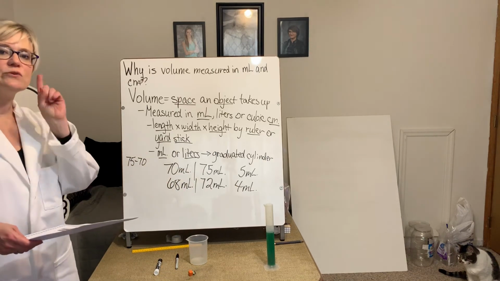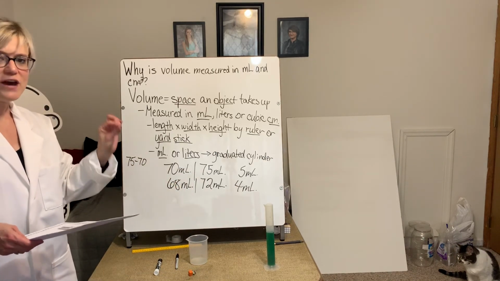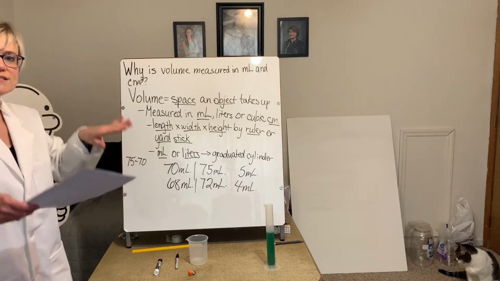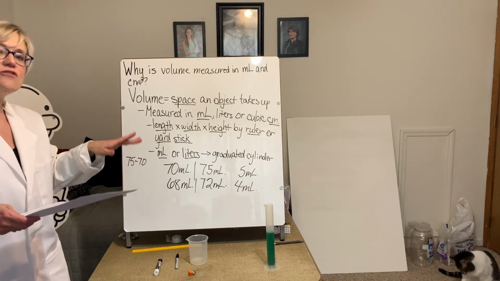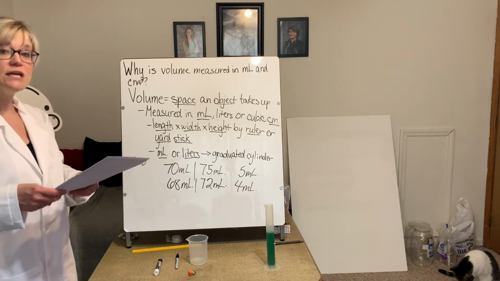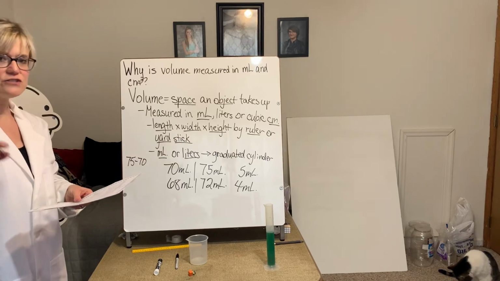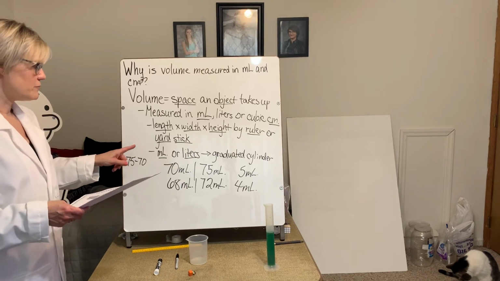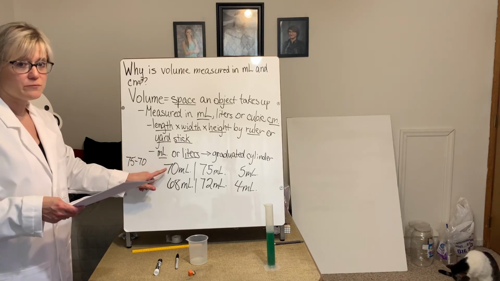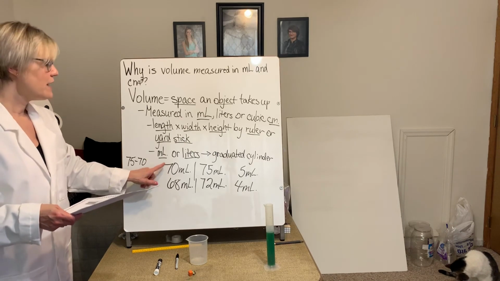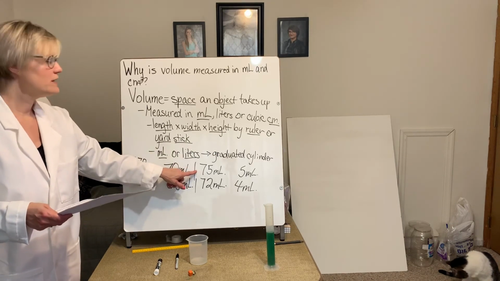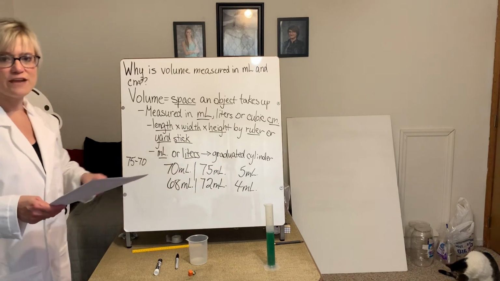Keep in mind, when you're looking at the water level, you have to look at the lowest point. Because the water sticks to the sides, you have to look at the meniscus. The difference between the milliliters of the object before the object is put in there and after the object is put in there gives you the volume of that object.